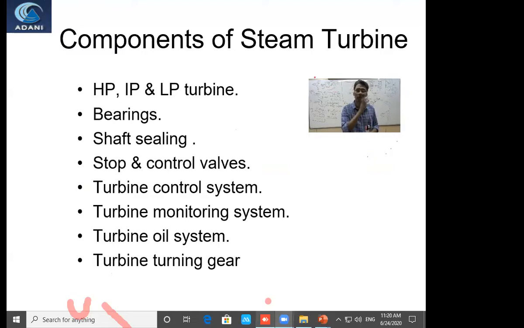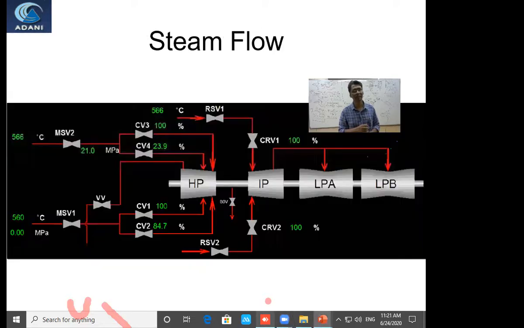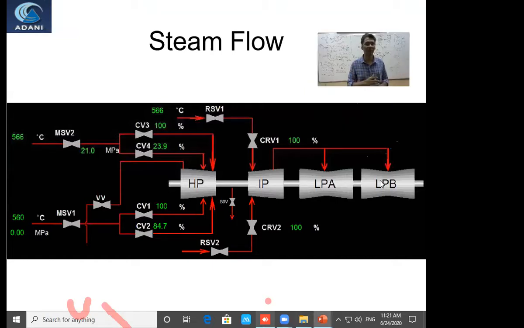Turbine supervisory or control system. Turbine monitoring system, health monitoring system, vibration and temperature monitoring. Turbine oil system for lubrication, and turbine turning gear for rotating the turbine at lower speed when it is not in load. Next. So that is the general arrangement of the turbine as I showed in the figure.